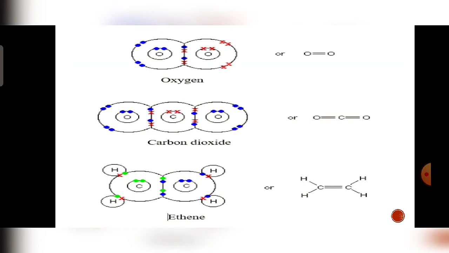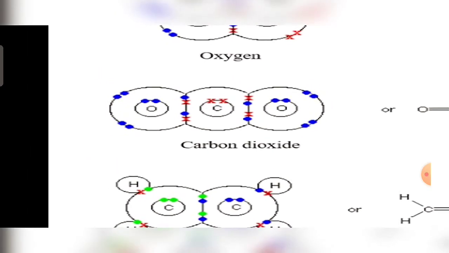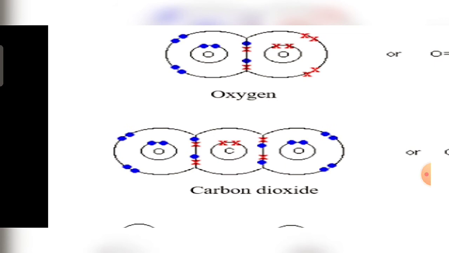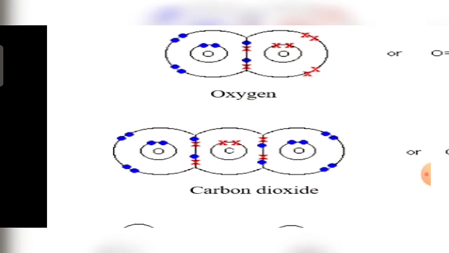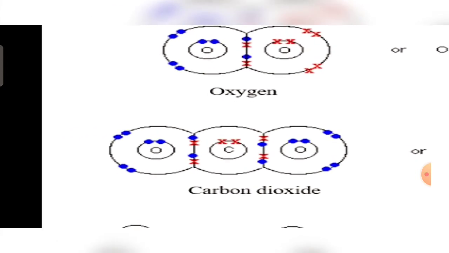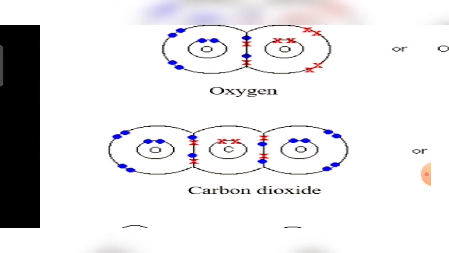So here is the example of oxygen. You can see here that when oxygen and oxygen combine with each other, two bond pairs are forming. One oxygen atom is represented with the blue dots and the other with red crosses.